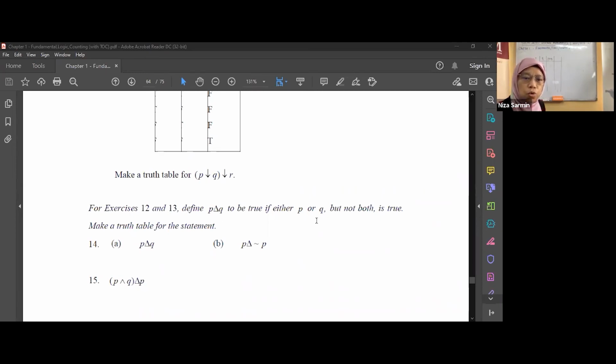This is true if either P or Q, but not both, is true. Okay, it will be true if either one, but not both, is true. So, like this, right?